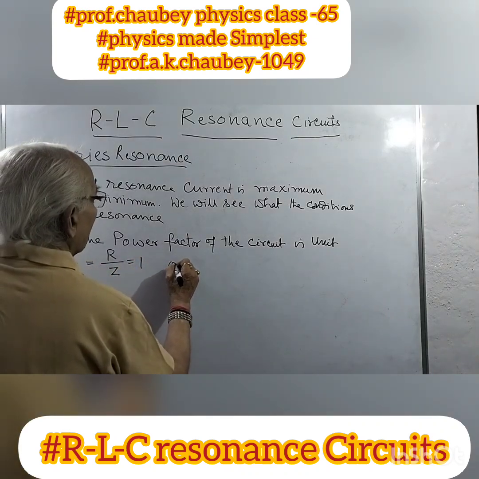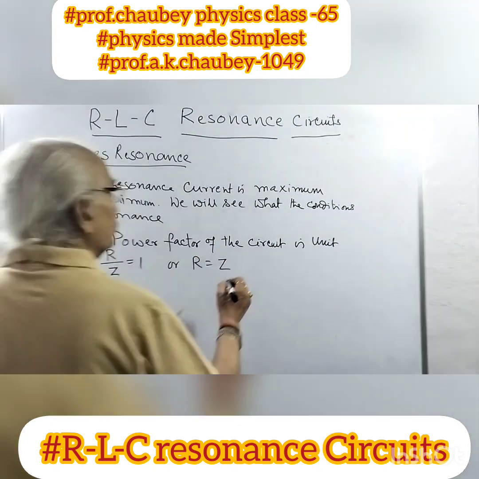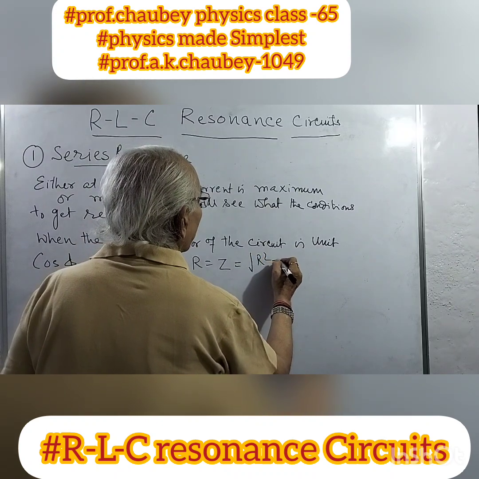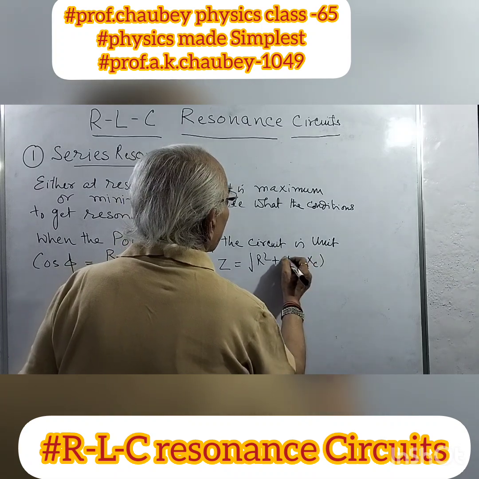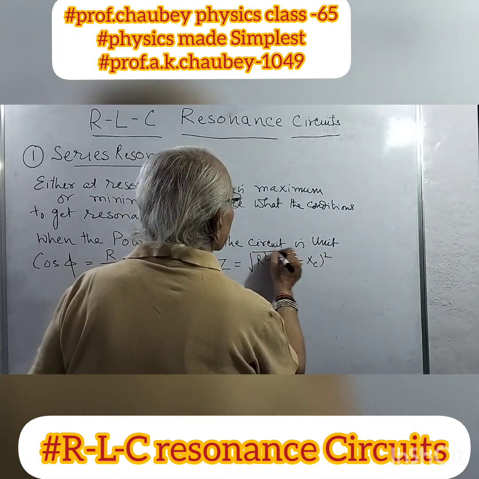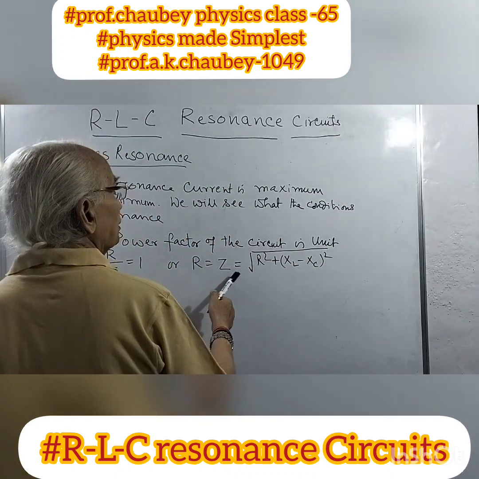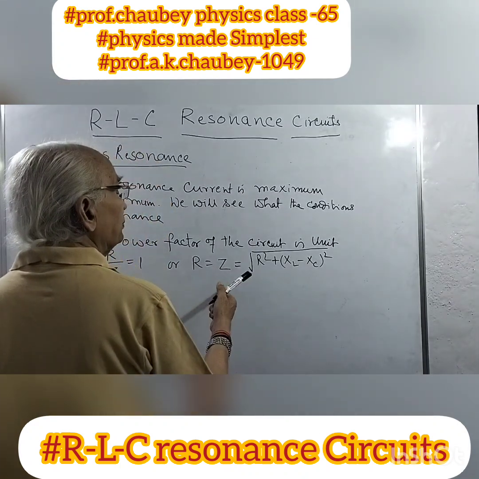Means R is equal to Z. And Z is square root of R square plus (XL minus XC) square. So R is equal to Z, and Z is this. So when will this be possible?